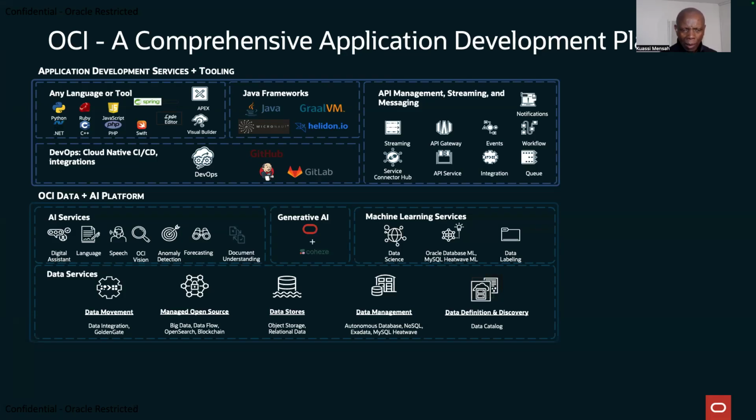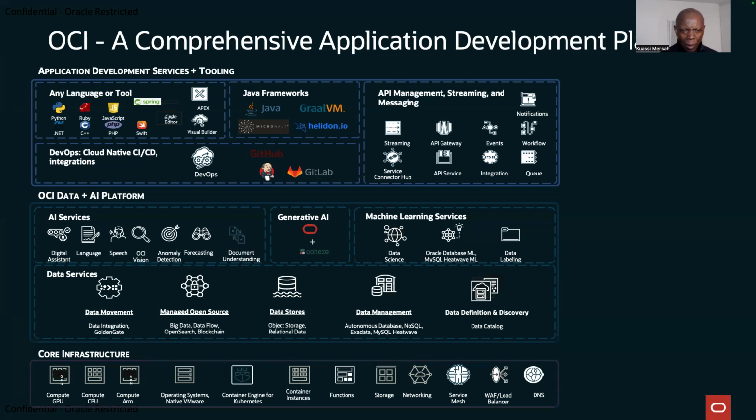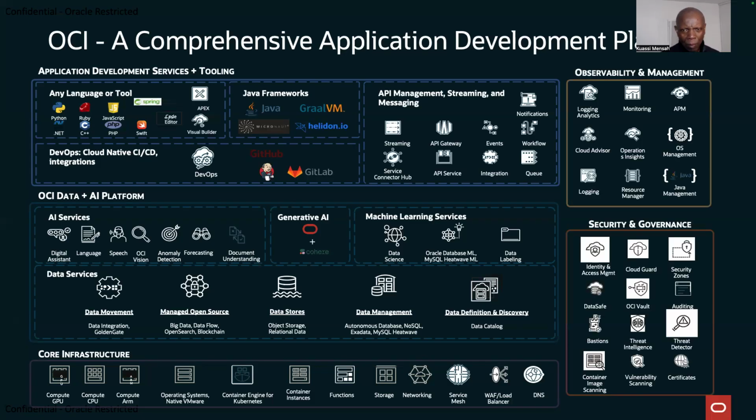You can see the data services, including the Oracle database itself, the autonomous database, NoSQL, Exadata, MySQL, HeatWave, etc., object storage, etc. And then the core infrastructure, which will give you all the compute, all the Kubernetes engine, the container instances, Oracle functions, storage, etc. So that's a comprehensive view of the Oracle Cloud Infrastructure and application development platform.